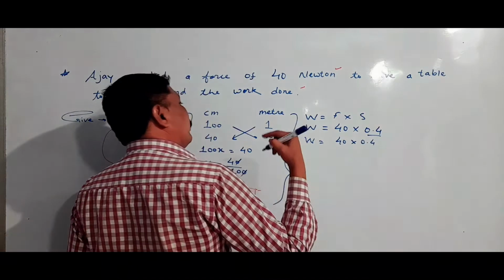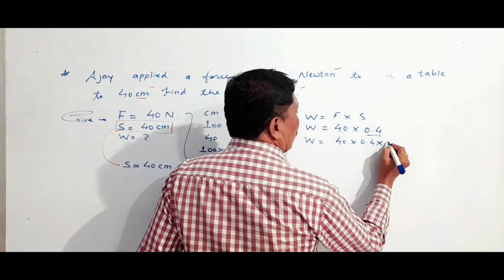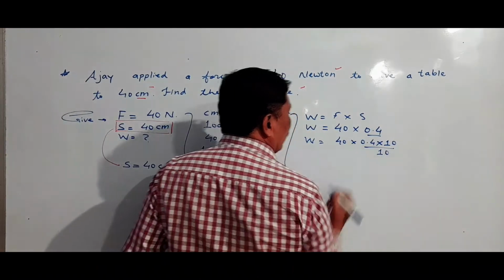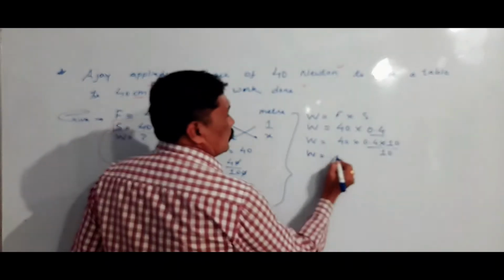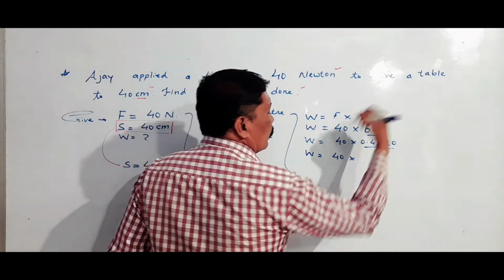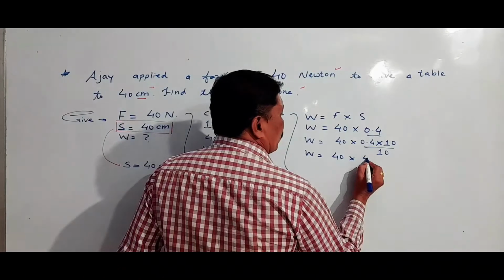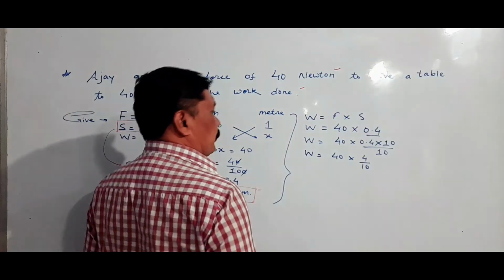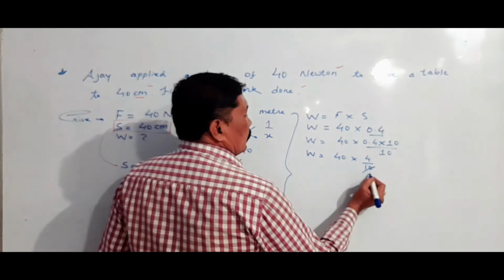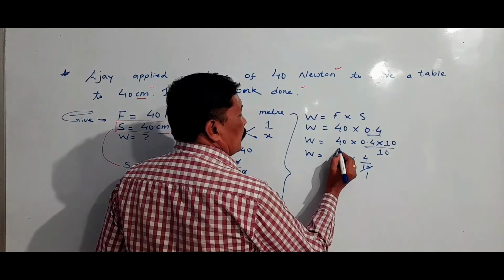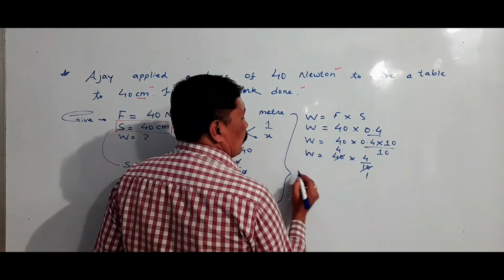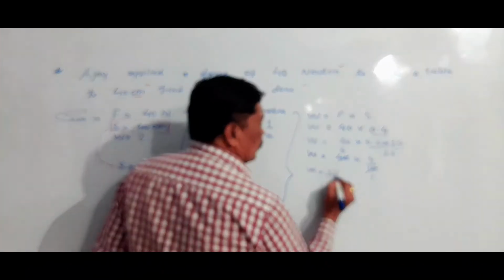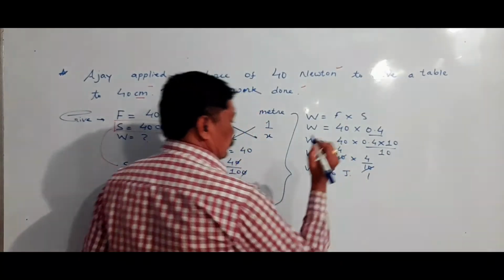This point we have to remove, so we'll multiply by 10 and divide by 10. So W is equal to 40 into 4 by 10. 10 into 4 is 40. W is equal to 4 fours are 16 Joule.